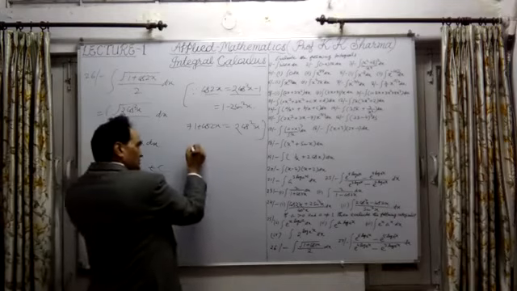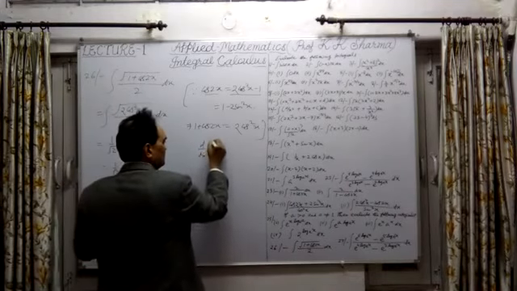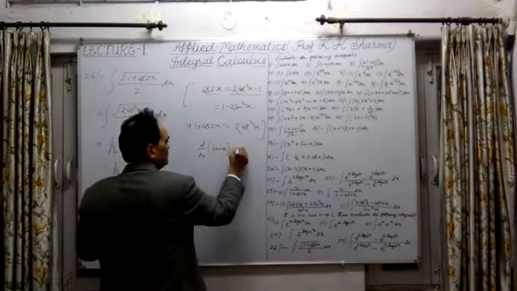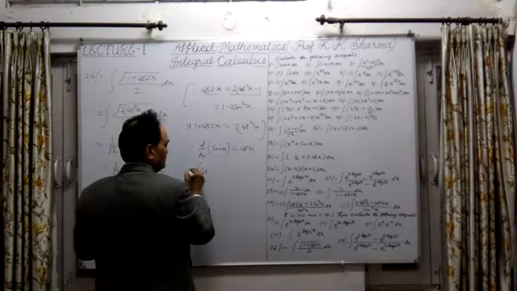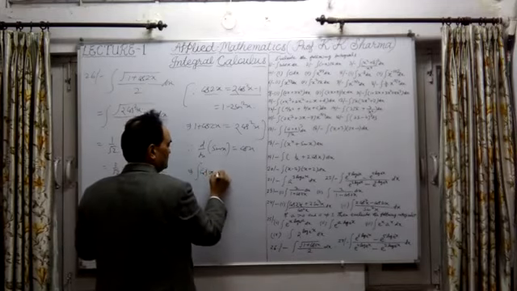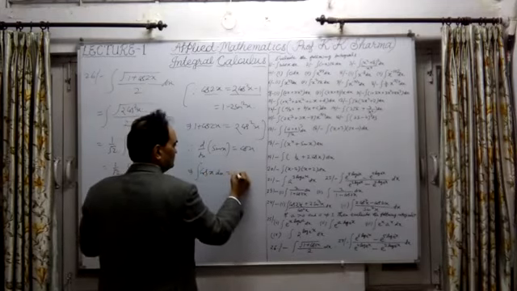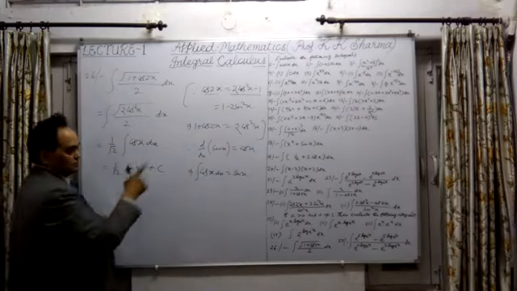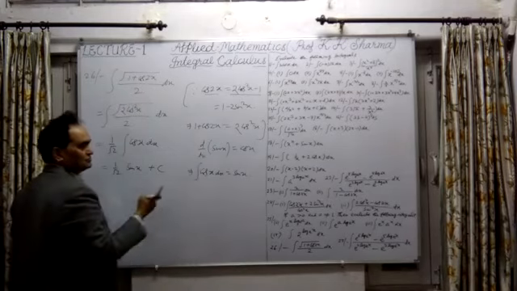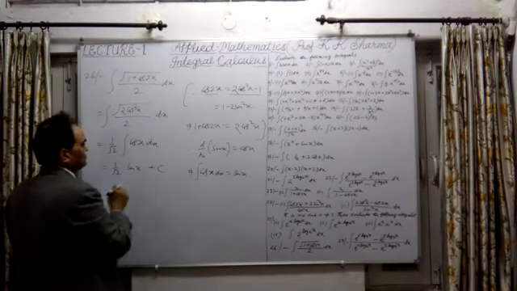Since d/dx of sin x is equal to cos x, the integration of cos x dx is equal to sin x, positive. So the integration of cos x is positive sin x, and we know that the differentiation of sin x is positive cos x. Okay, so this is the answer.